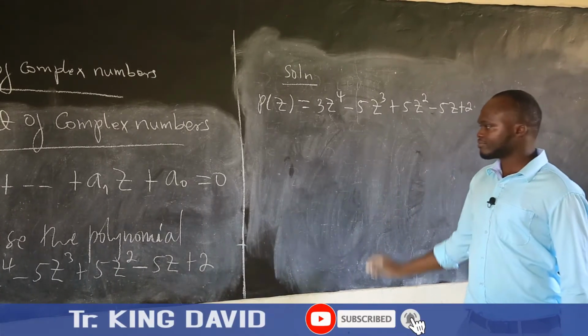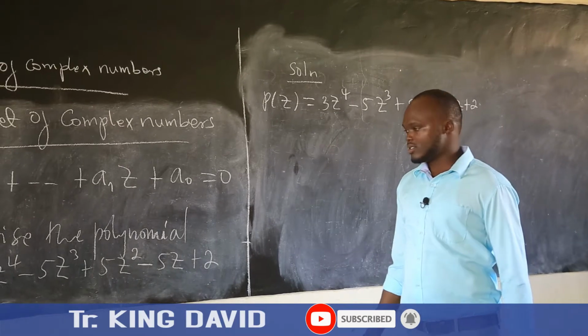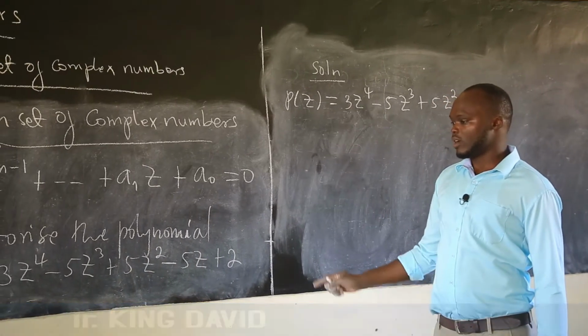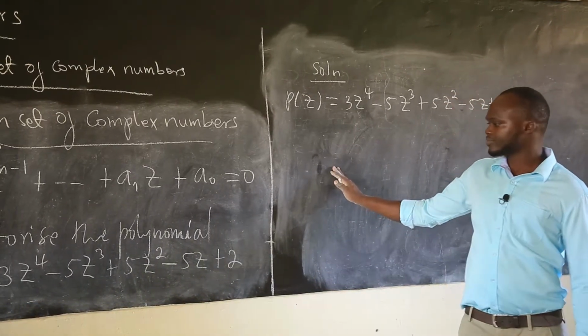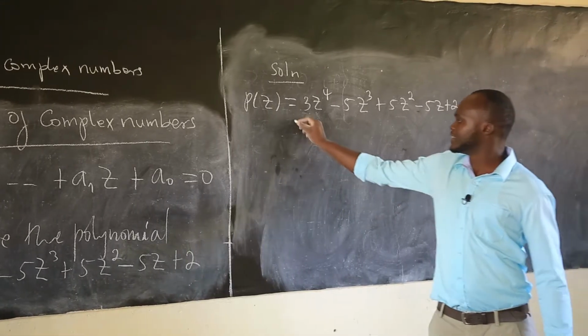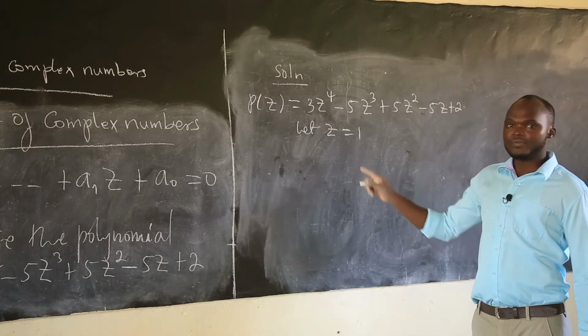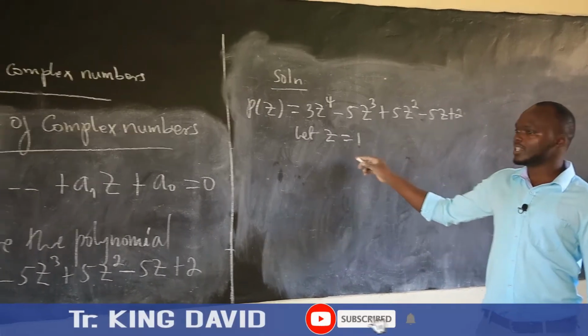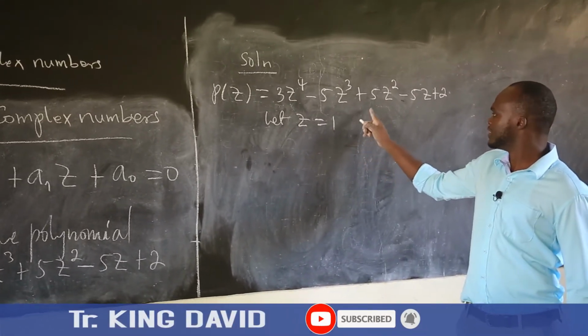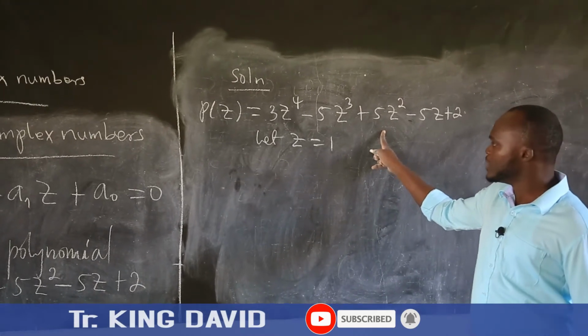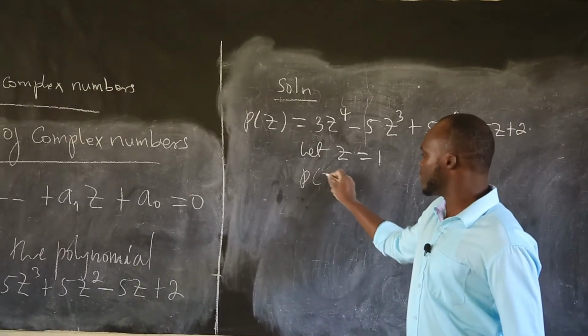Then what we're going to do here, we're going to let z equal to 1. So if z is 1, we see if it can satisfy that equation. So will P(z) be equal to 0?